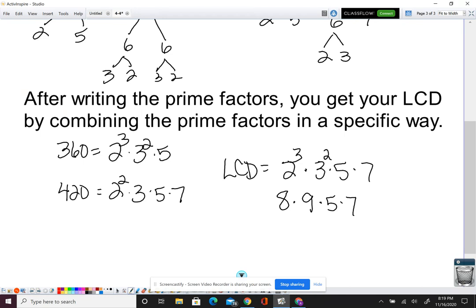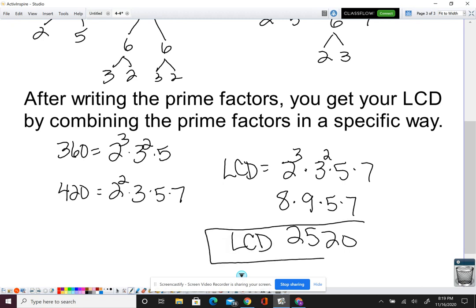Let me grab my calculator here real quick. There we go. So we have 72 times 35, and we end up getting 2,520 as our LCD. That is the lowest number that both 360 and 420 would go into.